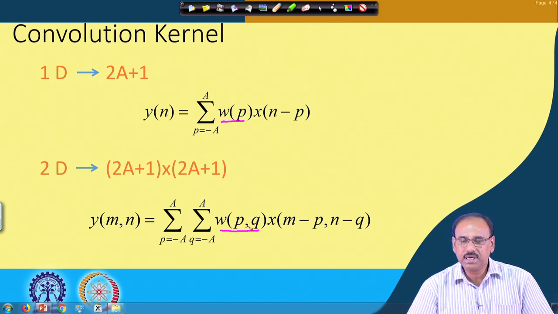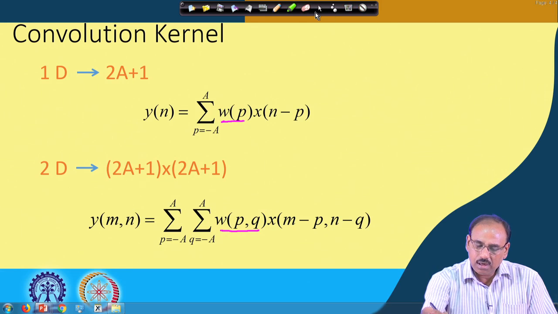So these coefficients in the convolution kernel are nothing but the weights. Instead of writing h, I am writing w, indicating that the same kernel coefficients will be used as the input weights of a node in the convolution layer.